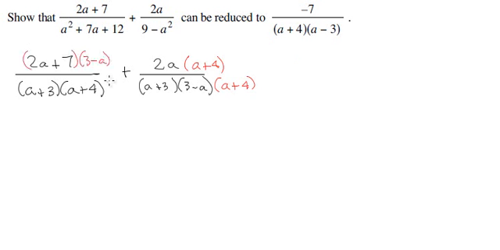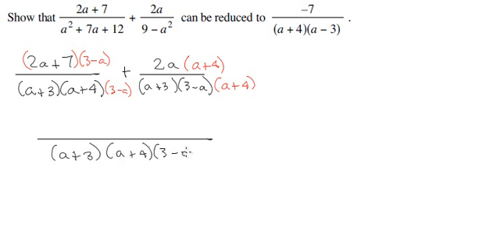There's 3 minus a, and there's 3 minus a. So when we squish these together into one big fraction, it will contain a plus 3 and a plus 4 and 3 minus a. This bugs me a little bit more every time I write it. I may end up factoring out that minus 1 after all, but I'll hold off on it for a bit longer.